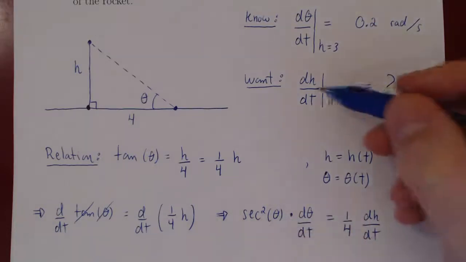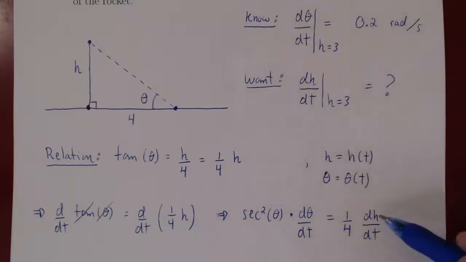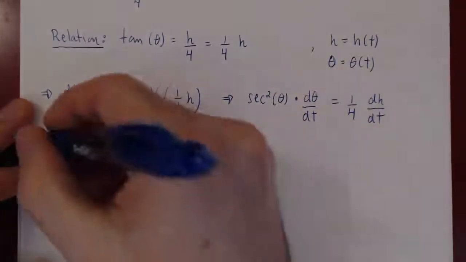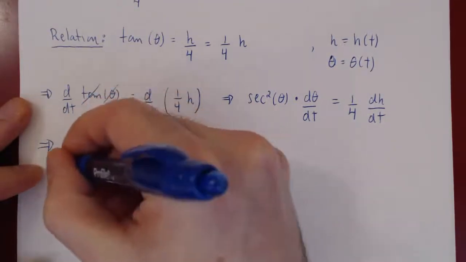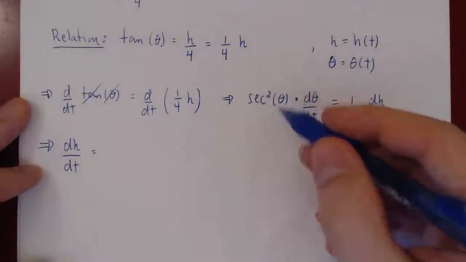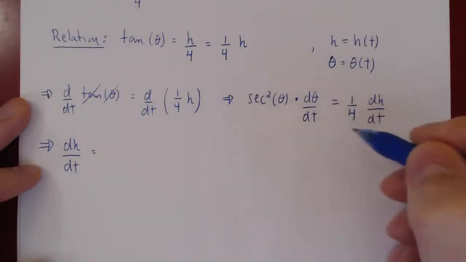And now we wanted dh over dt, so let's isolate dh over dt by multiplying across by 4. So the rate of change of the height of the rocket as a function of time will be 4 secant squared d theta over dt.